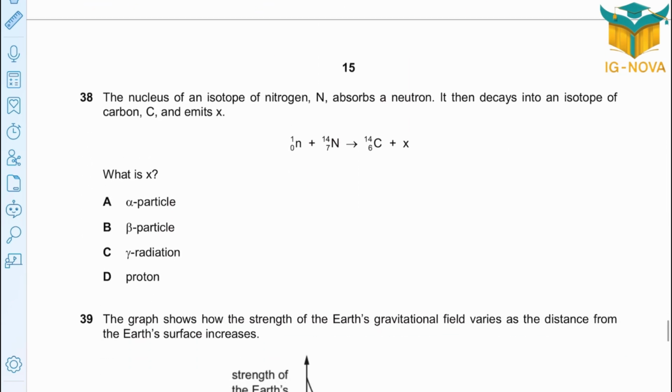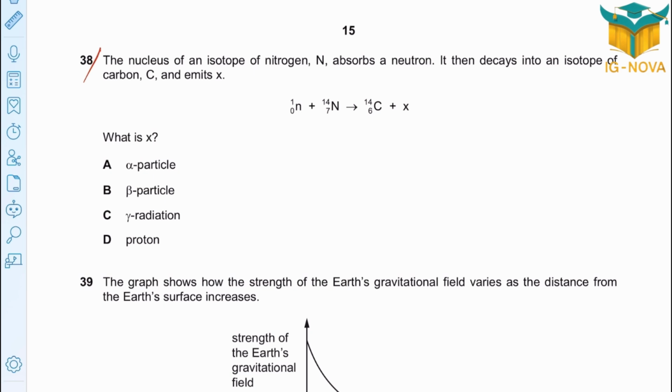Question 38. The nucleus of an isotope of nitrogen, N, absorbs neutrons. It then decays into an isotope of carbon, carbon-14, and emits X. What is this X? See, the left-hand side must equal the right-hand side.